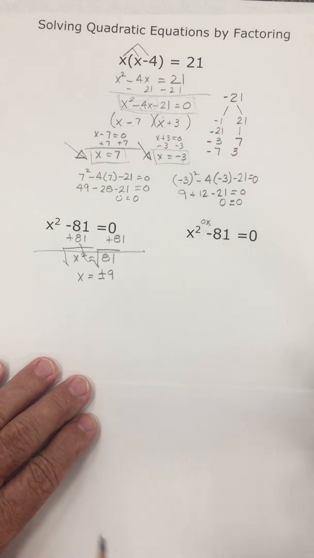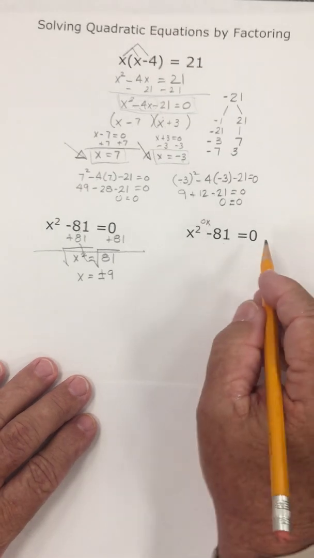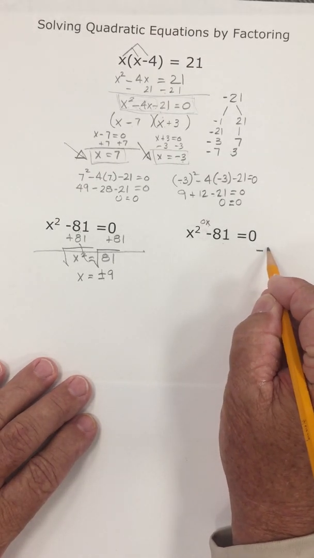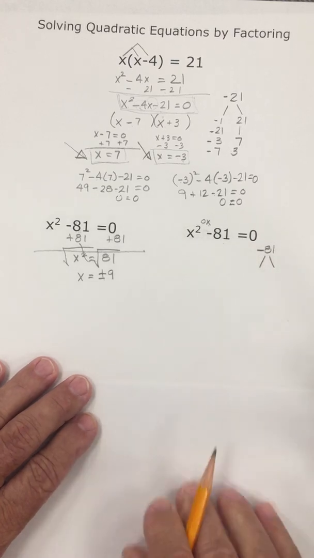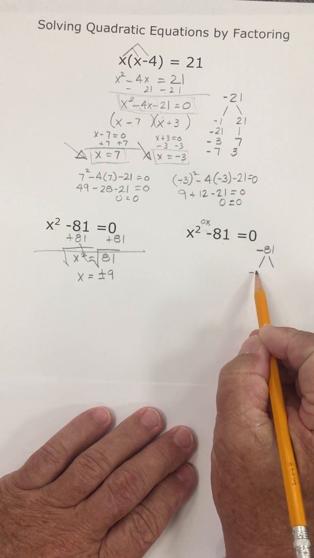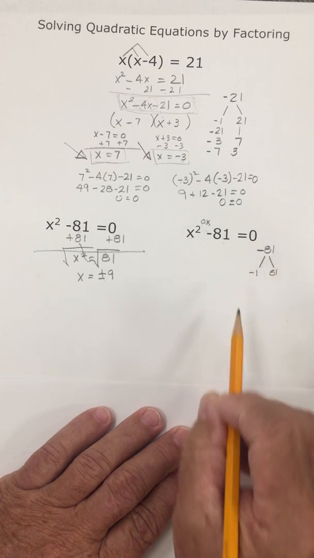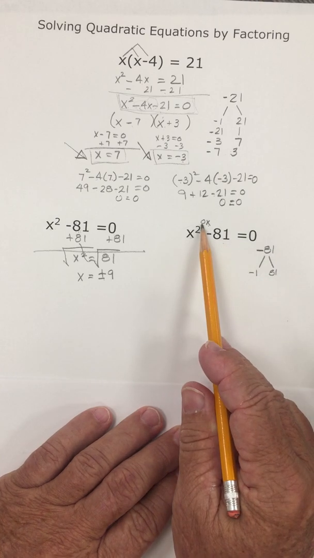All right. So now we got to think, just like we did up here, what numbers do we multiply together to get 81? Well, we can say minus 1 and 81, but if we add those together, we don't get 0.